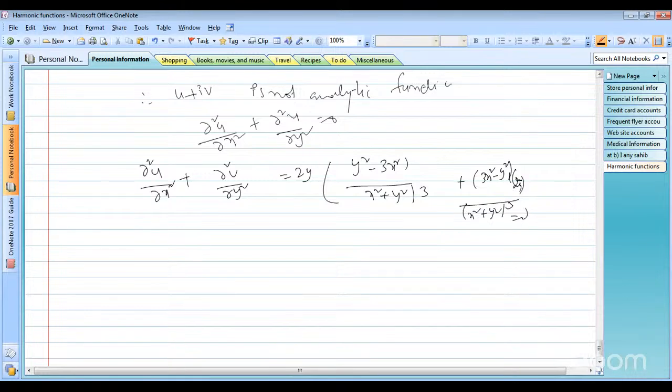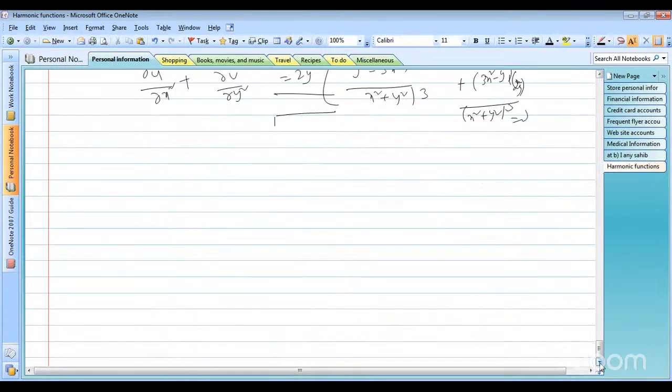So this is the value of this one. This is z equal to x plus iy, the fundamental we have taken. Another one also we have taken here.